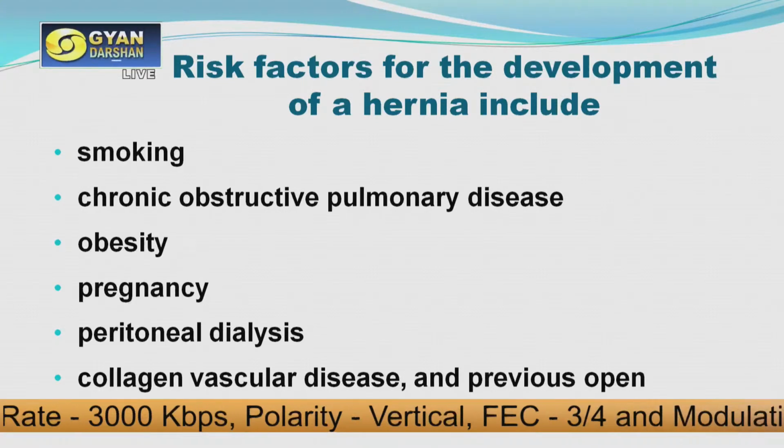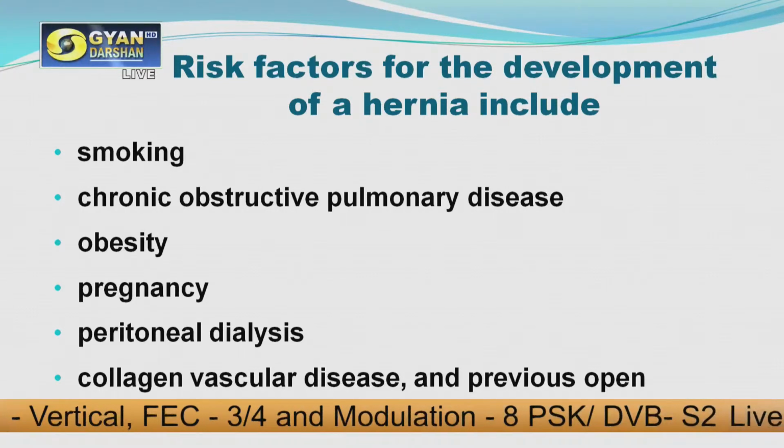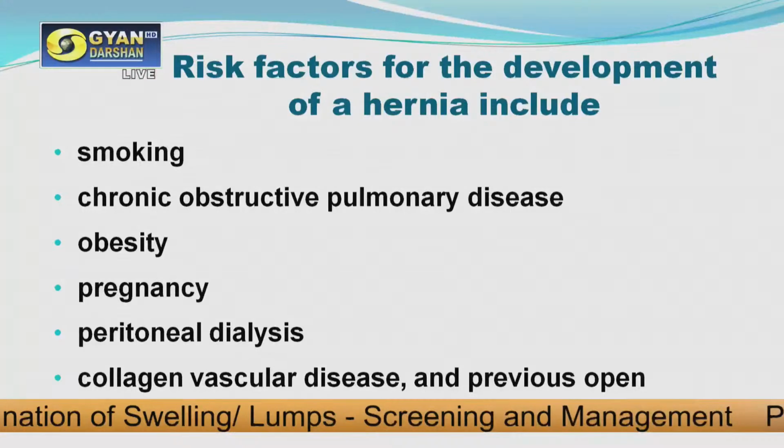Those who smoke are taking a lot of pressure inside. So that pressure can cause chronic obstructive pulmonary disease. These patients keep coughing for a longer duration, and it is chronic, maybe years, so it can lead to hernia. Obesity is another risk factor.